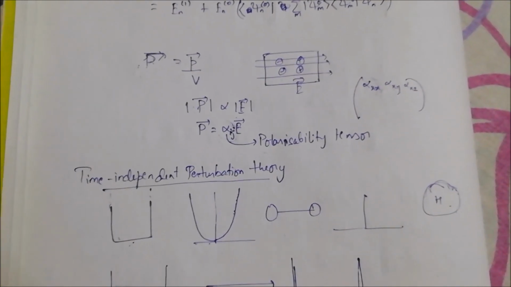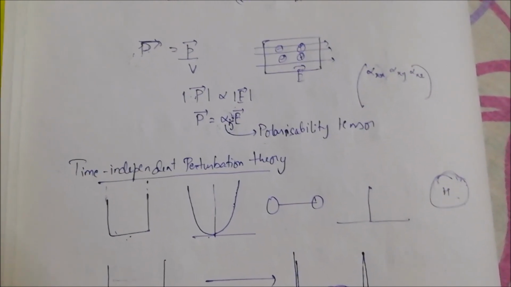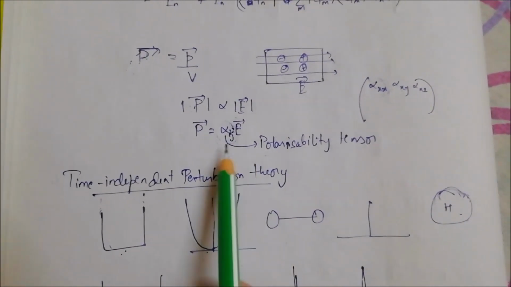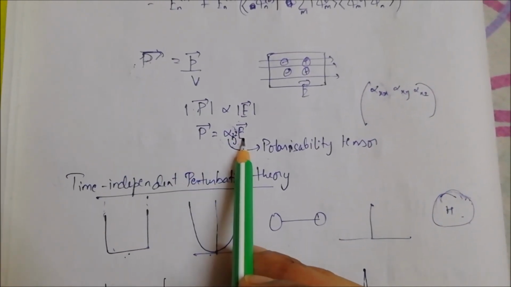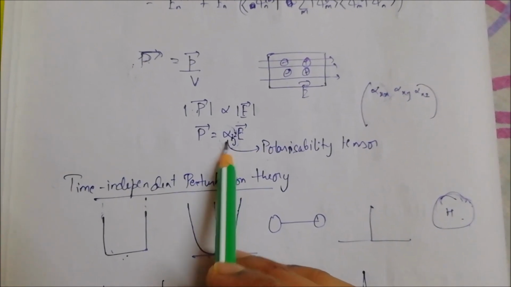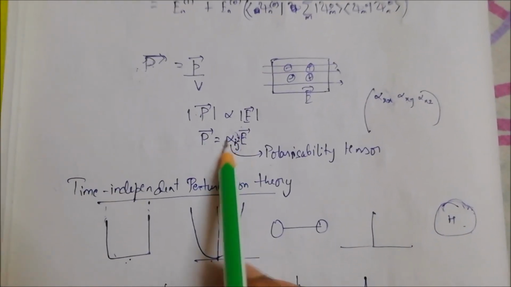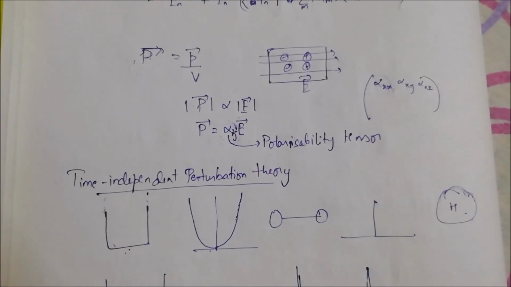In general we saw that the polarization, though not aligned with the electric field direction, is proportional to the electric field, and the relation between polarization and electric field is given by this linear relation for weak fields, and the constant of proportionality is different along different directions.